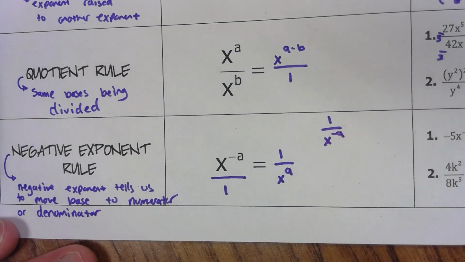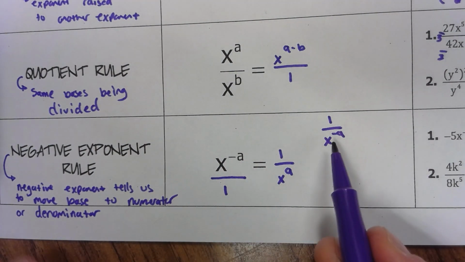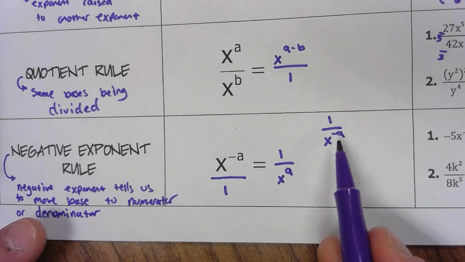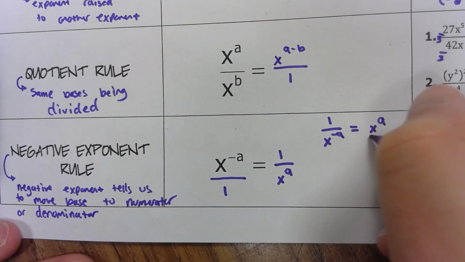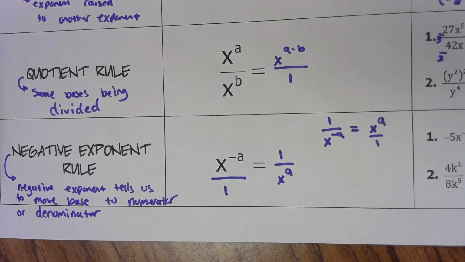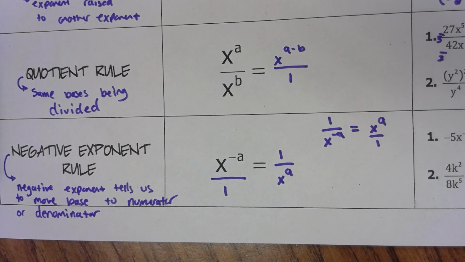If I have a negative exponent in the denominator, again, that negative exponent says, move that base. So it's going to go to the numerator, and that's when I can make it positive. Okay, so those negative exponents can be kind of tricky because of that.